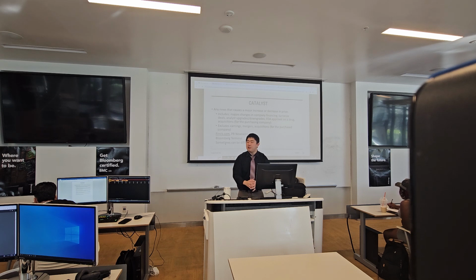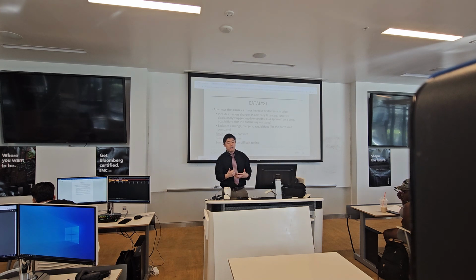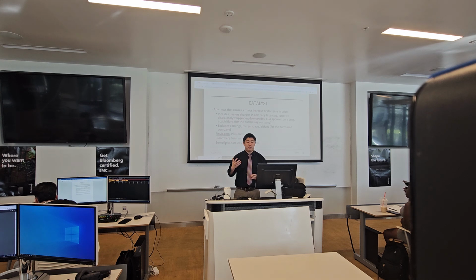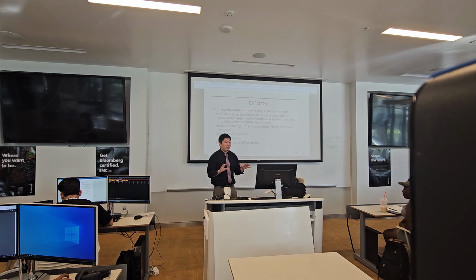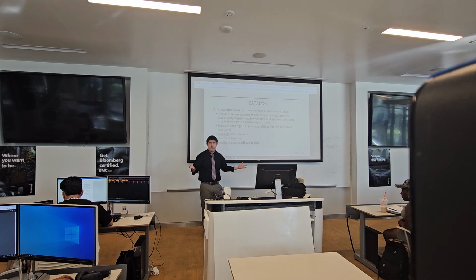Basically, it's just any news. For example, LianBio, LIN, their catalyst was a $350 million deal that caused a huge spike in price. So for the sake of the competition, we're looking at companies that had this catalyst yesterday.